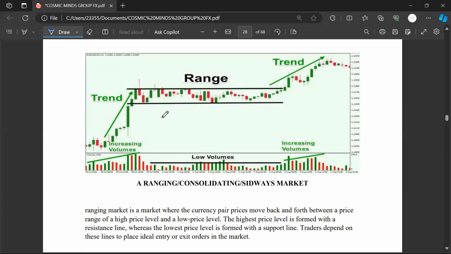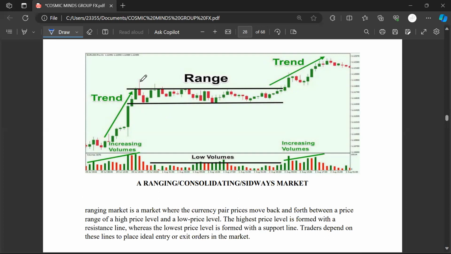Look at the ranging market, like I said. If you open your charts and look at the price action, you can see a number of different trends, the different types of market direction that we are talking about.